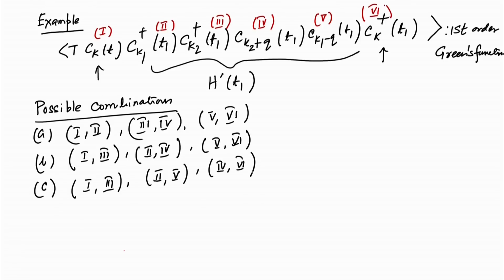So, that is the third combination, and the fourth is 1, 2, 3, 5 and 4 and 6.